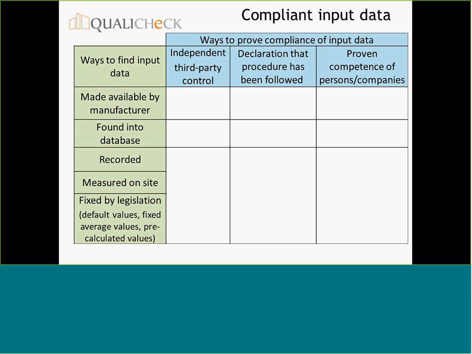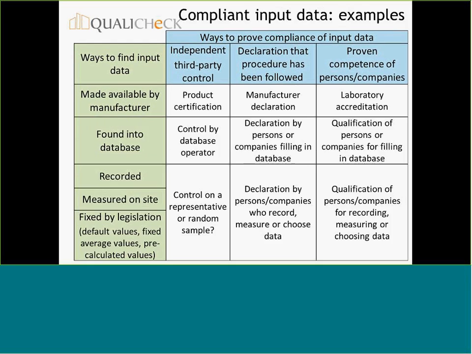And it is then possible to fill in this table with examples. For example, for data made available by a manufacturer, a national legislation can ask that the data results from a test in an accredited laboratory.